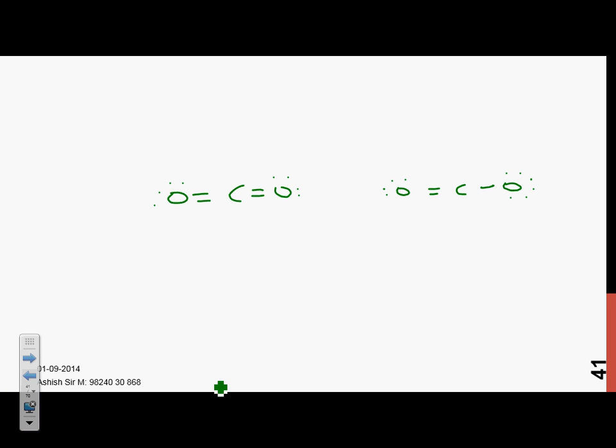This oxygen has pulled the electron pair, so it will develop actual negative charge, not partial negative. So there is a difference between partial negative and negative.